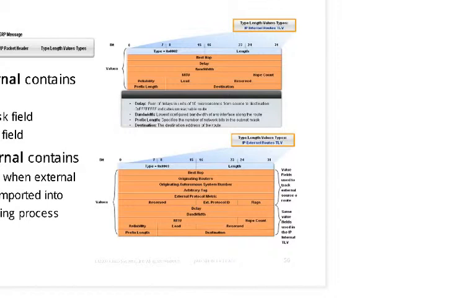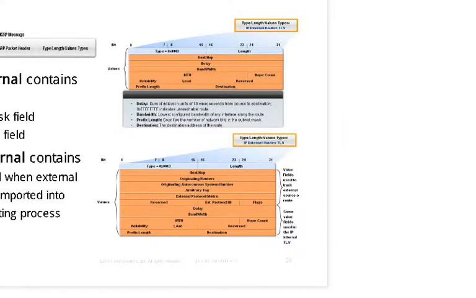So this field here contains the next hop, the delay, bandwidth, and some information that the router calculates, and of course if there is load, reliability, and so on. And the prefix length here, the prefix length is where you communicate the subnet mask.